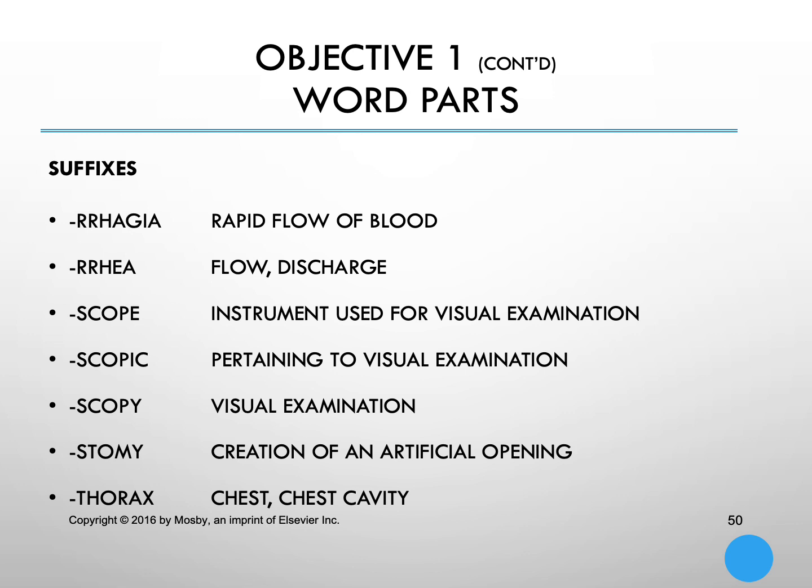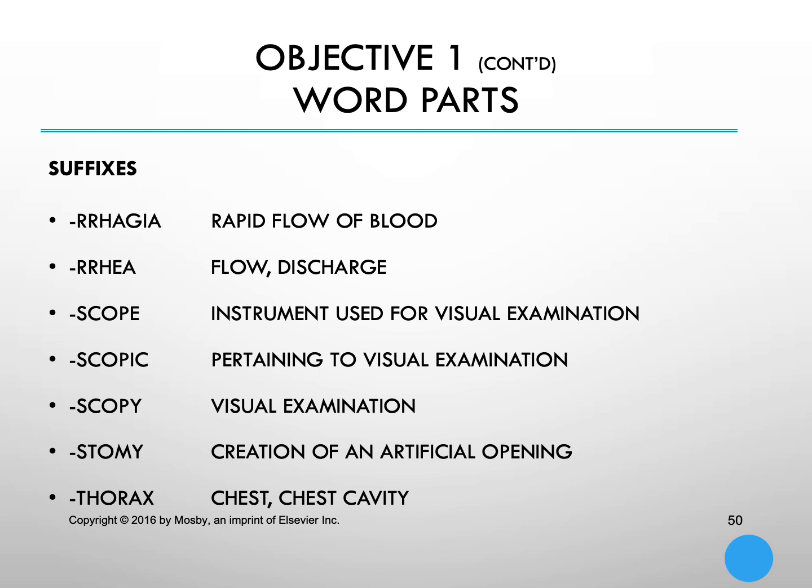Scope, which is an instrument used for visual examination, like a thoracoscope would be an instrument used for visualizing the thorax. Scopic is pertaining to visual examination. Scopy is visual examination. Thoracoscopy, okay? Thoracoscopic. And then stomy is creating a new opening or an artificial opening. And then lastly, thorax, we've heard before, suffix meaning chest or chest cavity.